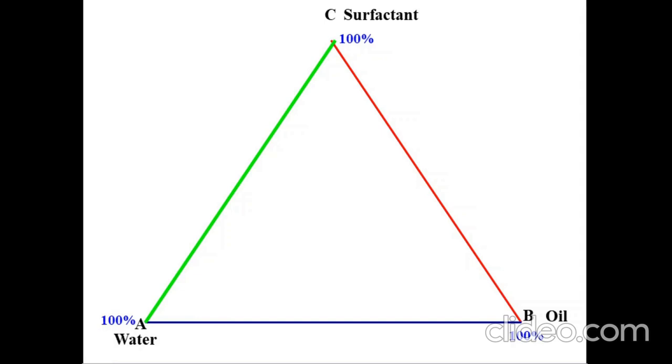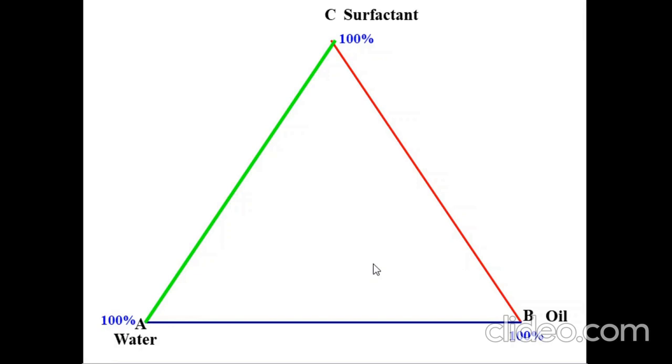So whatever the area within this triangular diagram represents ternary components. That means all three variables are falling within this area.